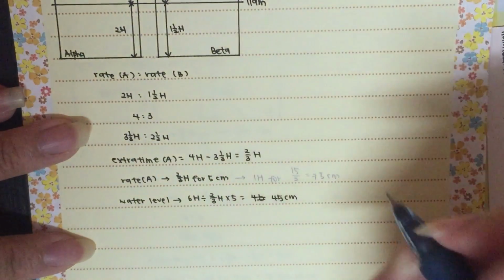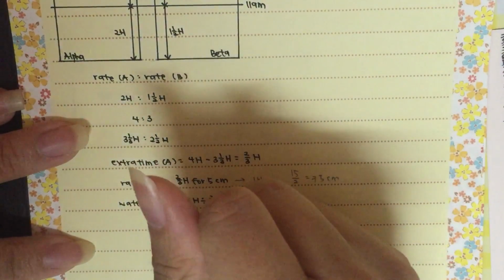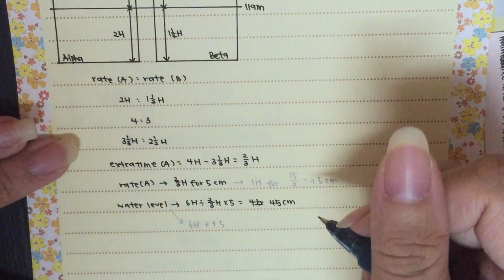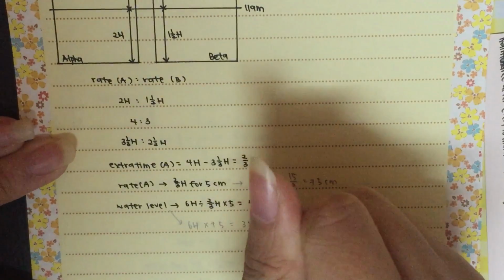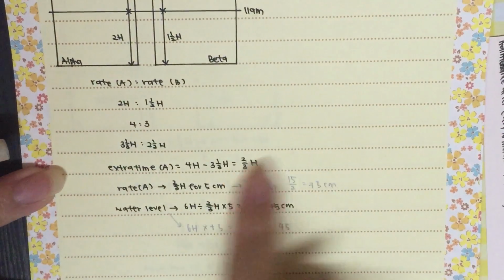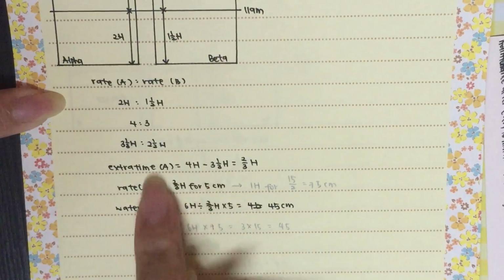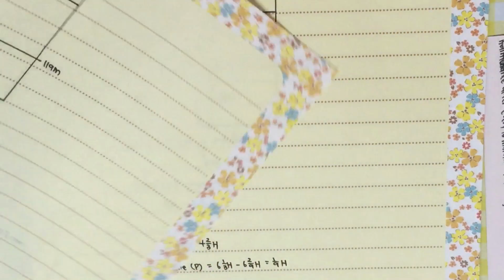So if you convert it to the hourly rate, we can just write 6 hours times 7.5, and this will give you the same answer as 45, because this is 3 times 15 times 2 divided by 2. So if you use the hourly rate, you can just multiply it directly. But if you are not using the hourly rate, you will need to have a neutralization over here. That's just a side note.